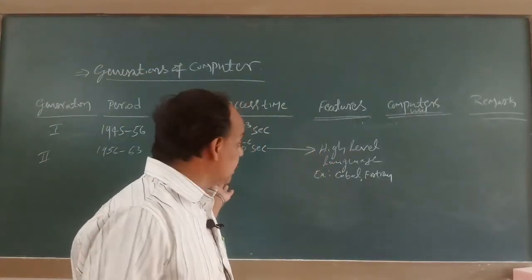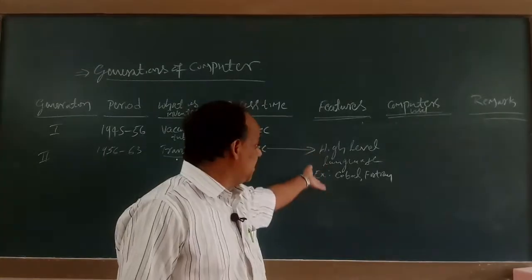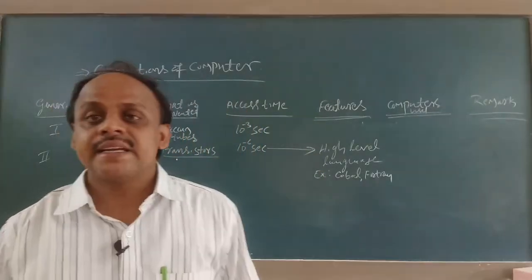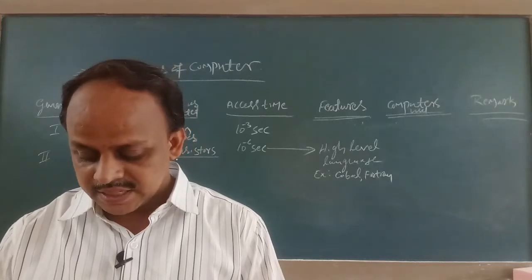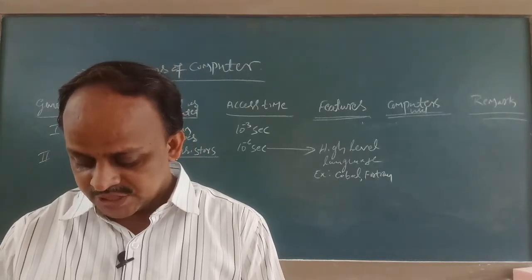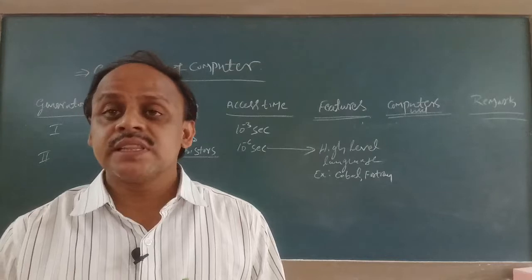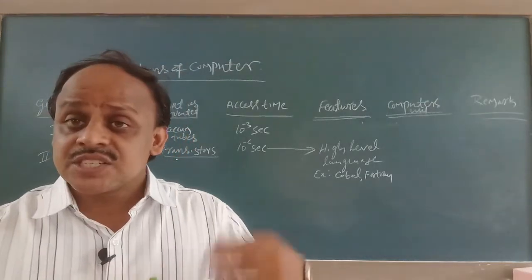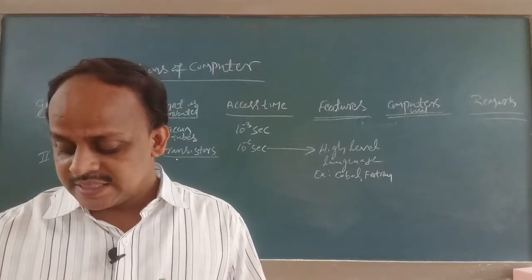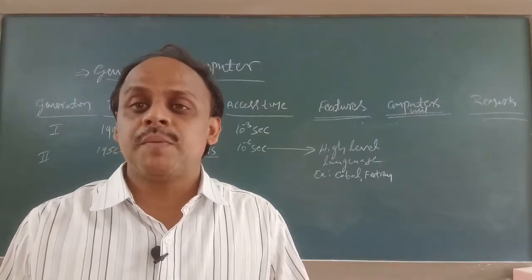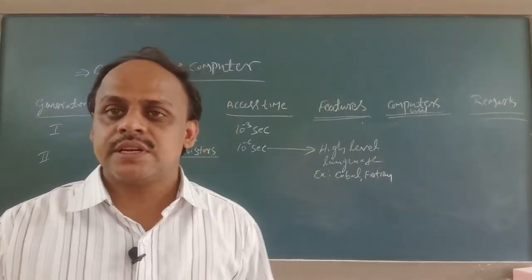In the second generation means high level languages are used, magnetic material is used for secondary memory purpose, and we can say compared to first generation, the systems used in the second generation are faster, cheaper, smaller in size and had more memory compared to first generation.